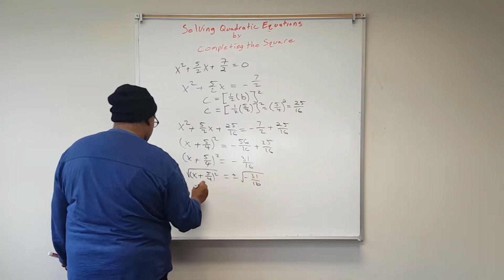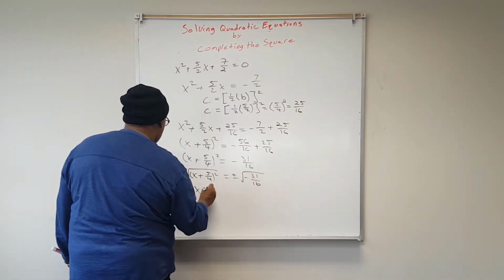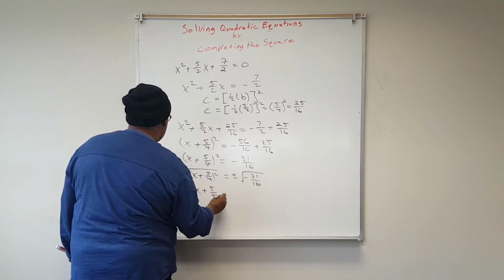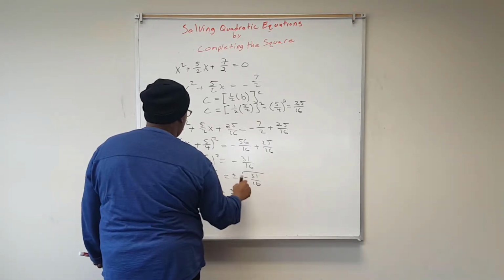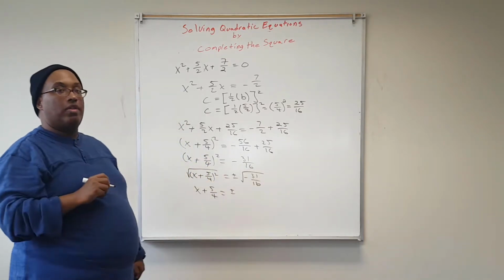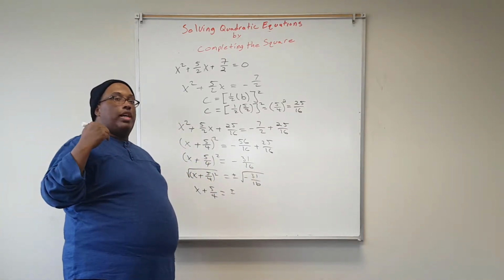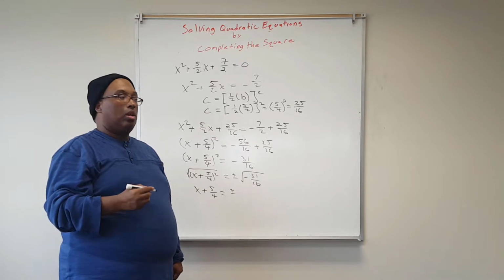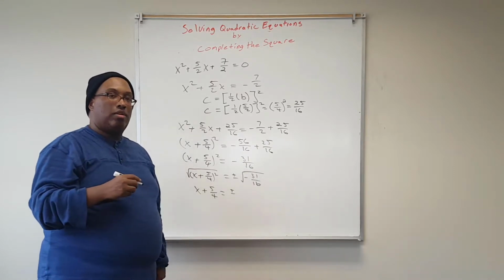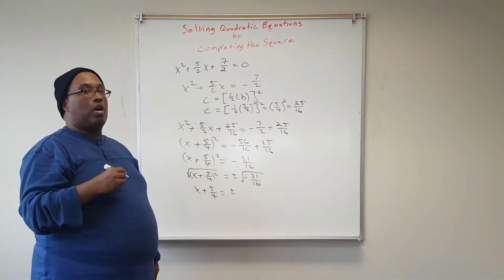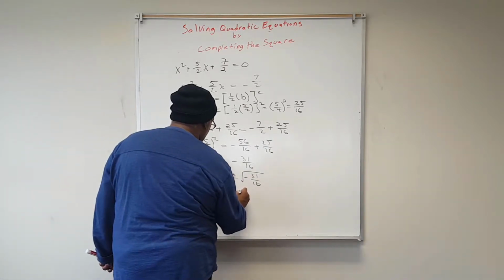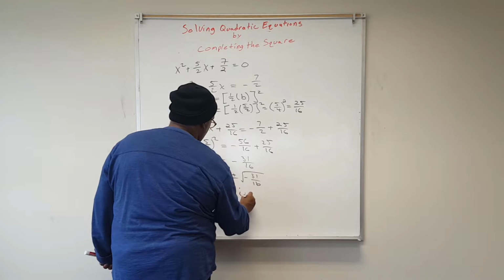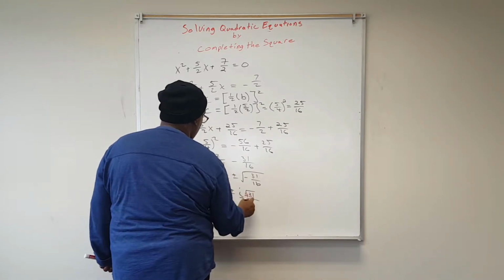So now this becomes x plus 5/4 equals plus minus. If I take the square root of a negative number, that means I get an imaginary answer or a complex answer. So this is the imaginary part of our complex answer we're about to obtain. Negative becomes the i, root 31. Square root of 16 is just 4.